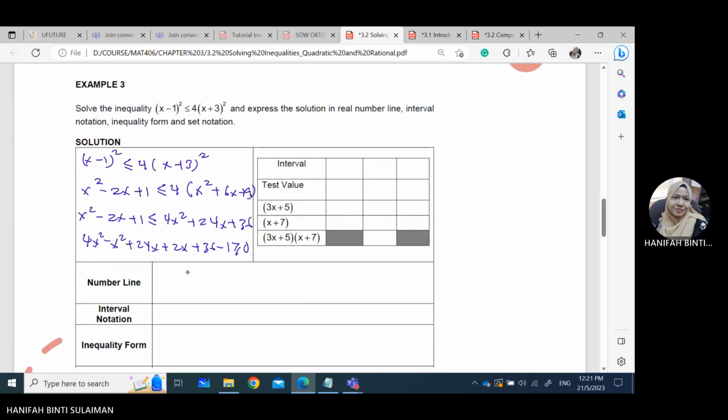Selesaikan 3x squared plus 24 plus 2, we have 26x. 36 minus 1 plus 35 greater than or equal to 0.